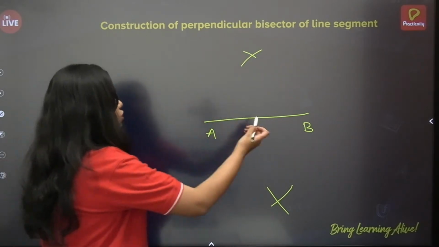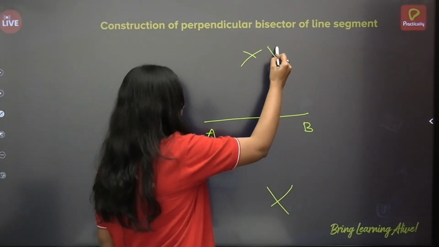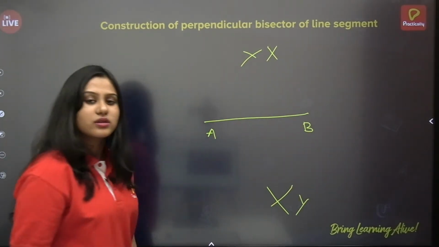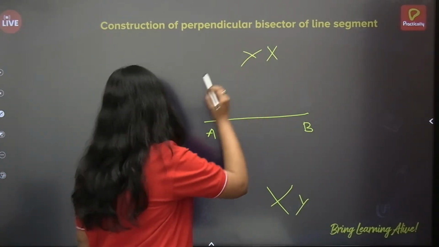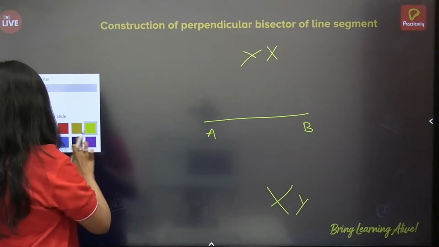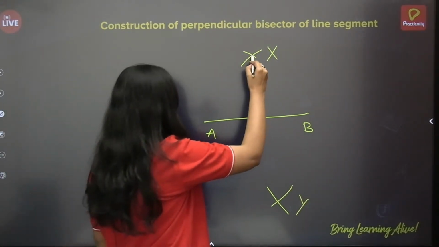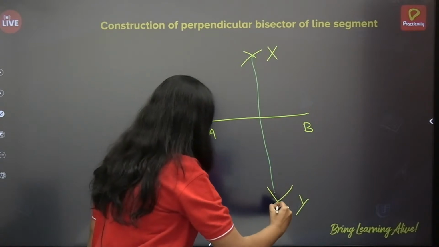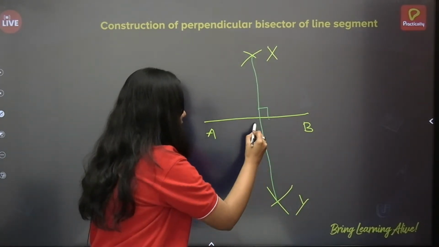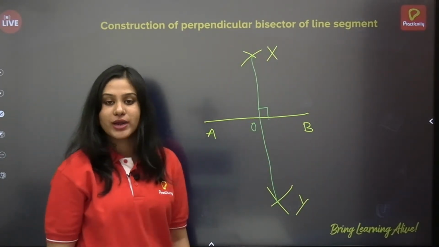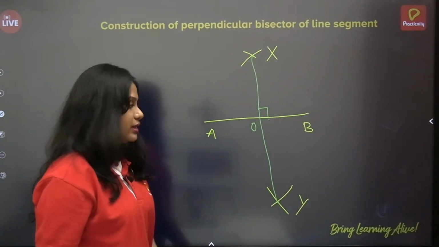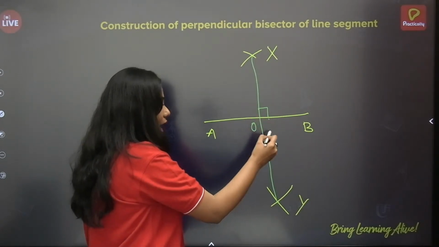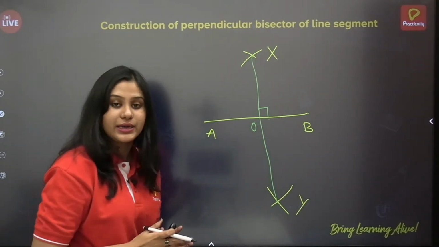Name these intersection points of the arcs X and Y. Now let us join them, using another color, and name this intersection point O. So angle XOB is equal to 90 degrees. By this, all the angles at the point O are 90 degrees.